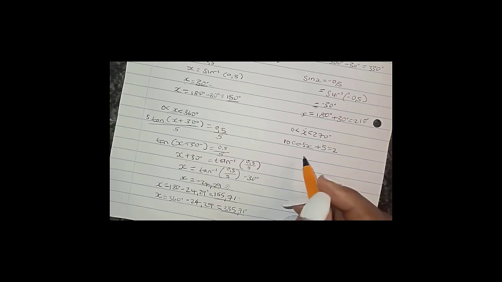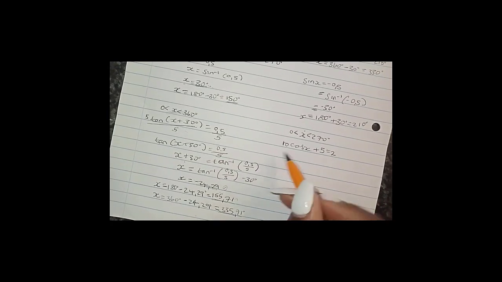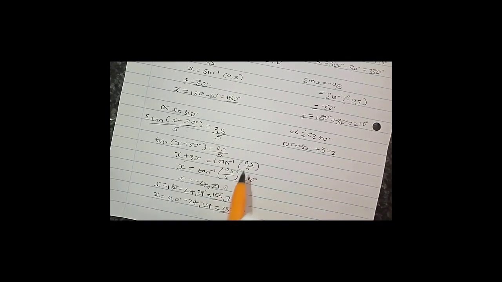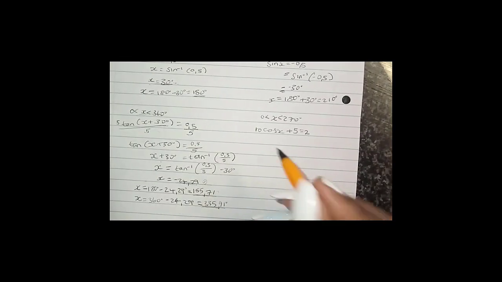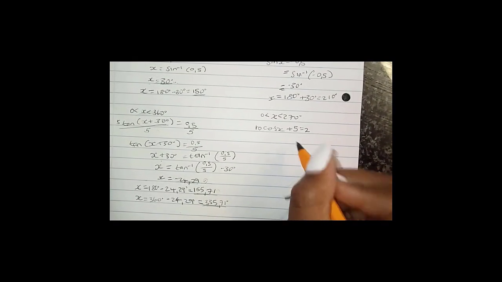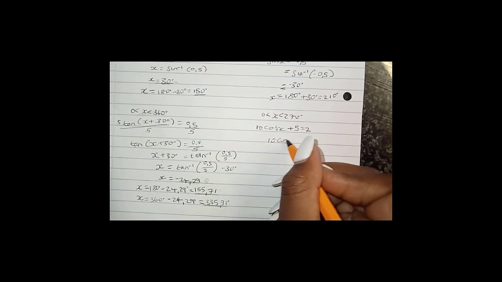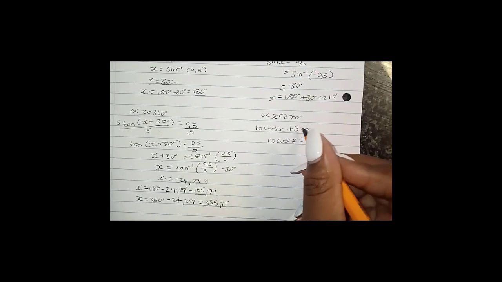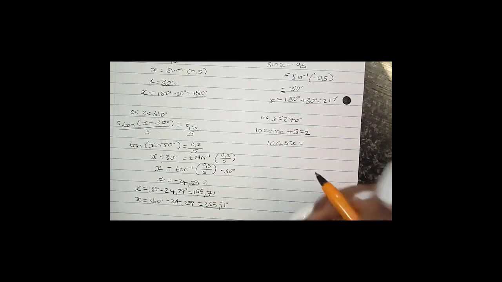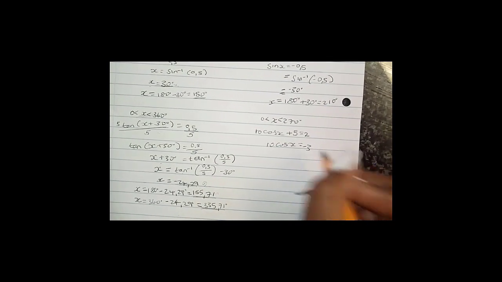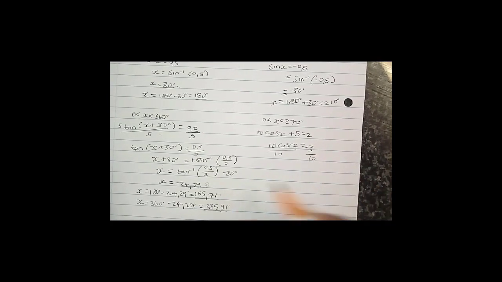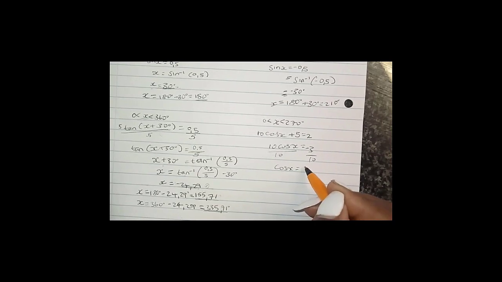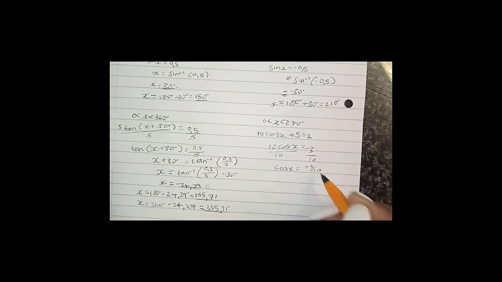To find x, we are going to use the same steps as before. We have to make sure that x is on one side of the equal sign. So we'll do that by saying 10 cos x is equal to, take 5 and put it on the other side, negative 3. And then we just divide by 10, and then our cos x is equal to negative 3 over 10.